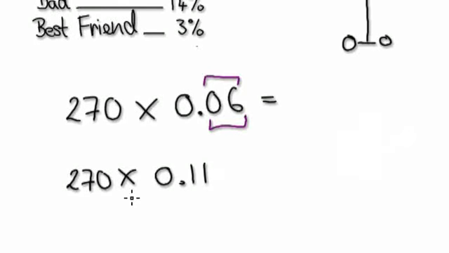If you get 11 divided by 100, there are 2 zeros there, so we just move 1, 2. So it's actually 0.11.